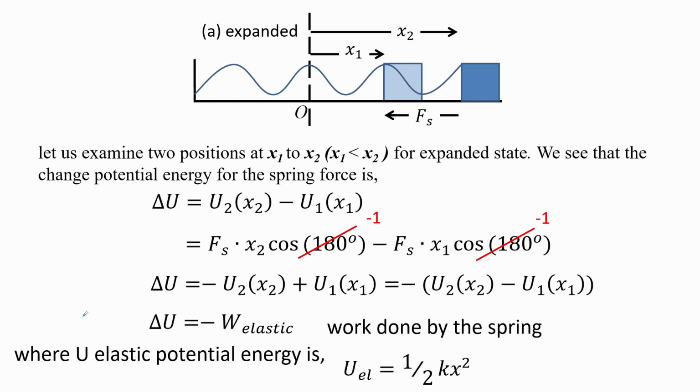So delta U is equal to U at x2 minus U at x1. So Fs dotted with the displacement x2 cosine 180 degrees. Why is that? Look at x2. The spring force Fs is going inward, but the displacement is outward. So that means there is 180 degrees between them.